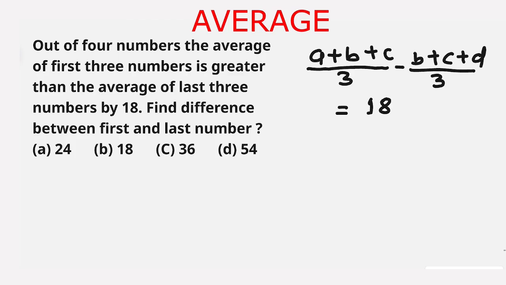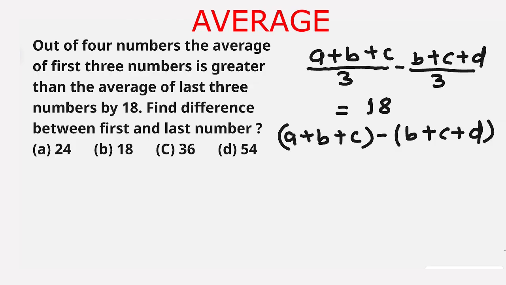Now we multiply both sides by 3. So this will be (A plus B plus C) minus (B plus C plus D) equal to 18 times 3, which is 54. And this gives us A minus D equal to 54.